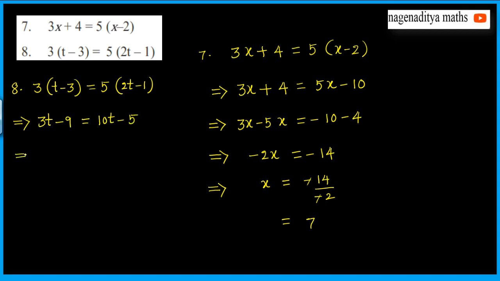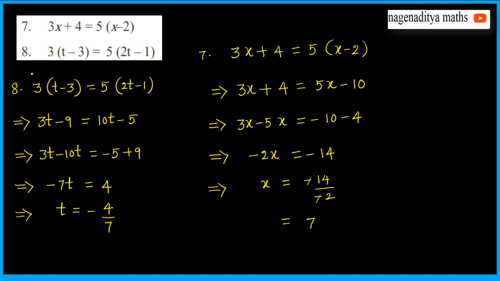So this implies, writing the t terms on same side, 3t minus 10t is equal to minus 5 plus 9. This implies 3t minus 10t is minus 7t. So minus 7t is equal to 9 minus 5, that is 4. So this implies t is equal to minus 4 by 7.